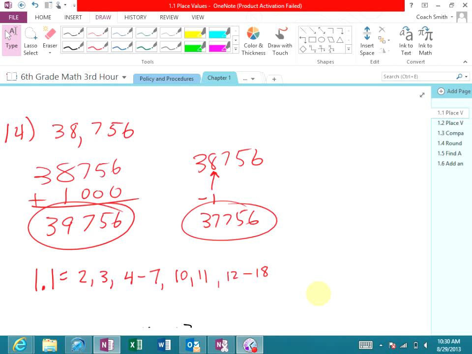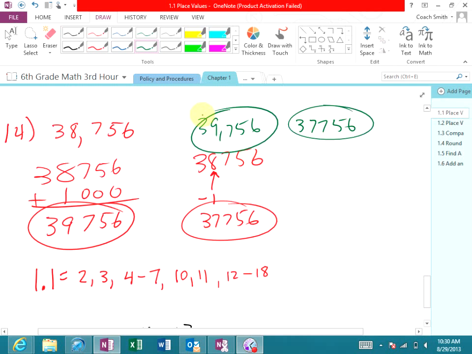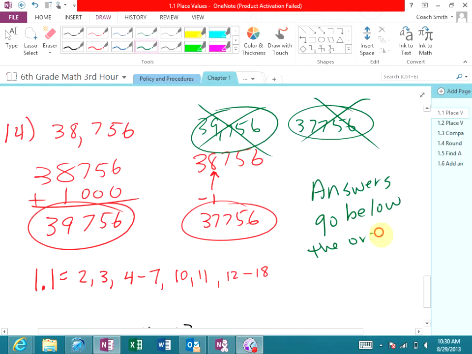Don't just write 39,756 and 37,756, circle them, and move on. Answers go below the original problem.